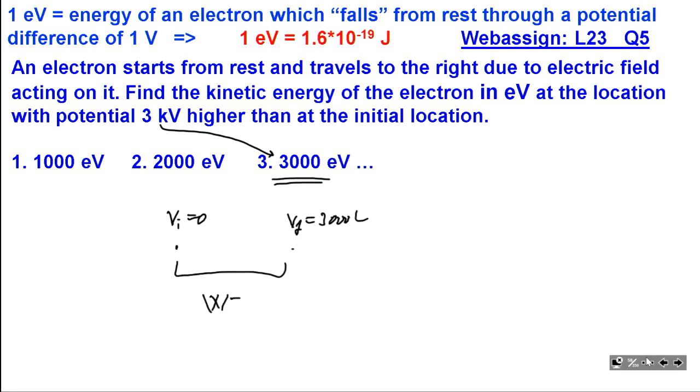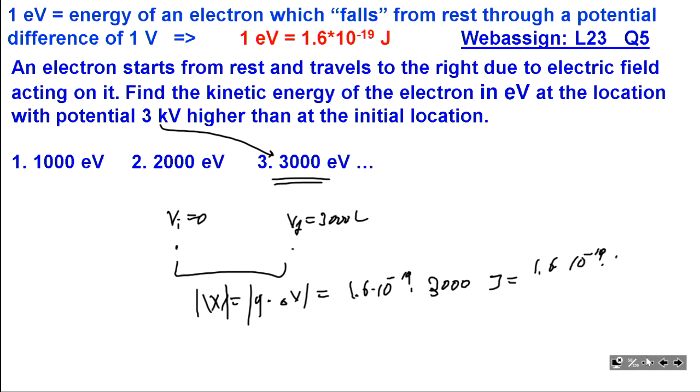We, of course, could calculate work. Let's say magnitude, we know it's going to be positive. It's accelerating. It could be 1.6 times 10 to the negative 19 times 3000. That would be joules. But then, to get back to electron volts, we would divide by 1.6 times 10 to the negative 19.